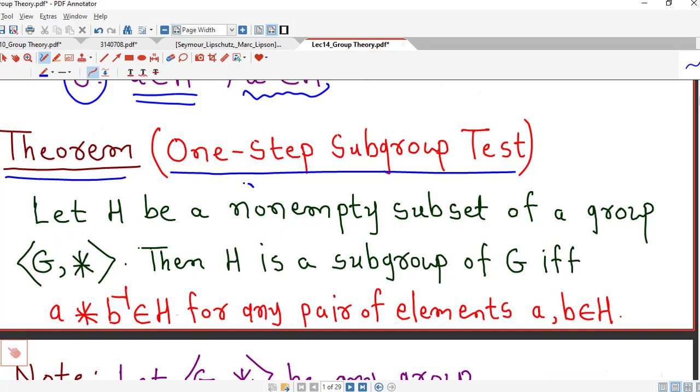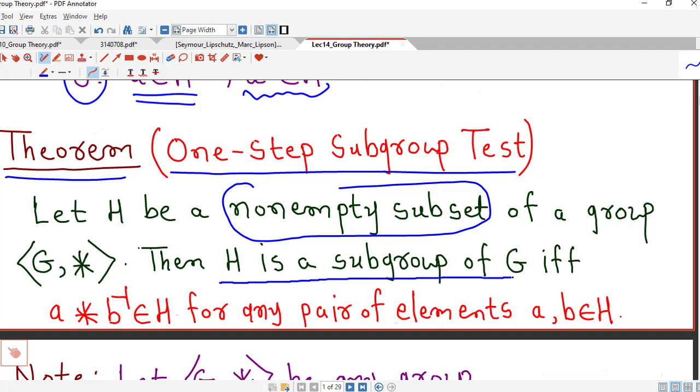Suppose H is a non-empty subset of a group G with binary operation star, then H is a subgroup of G if and only if a star b inverse belongs to H for any pair of elements a, b belonging to H. So using this theorem we can decide whether a non-empty subset H of a group G is a subgroup or not.